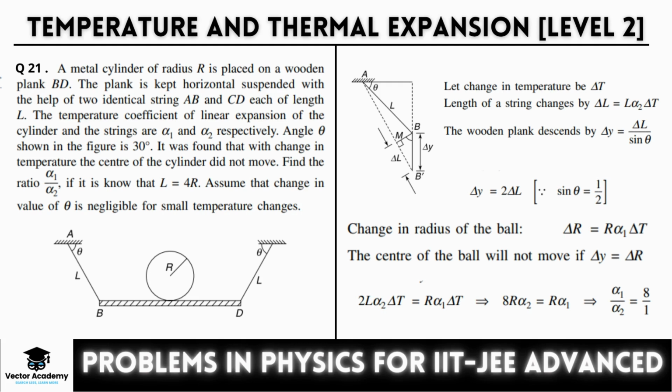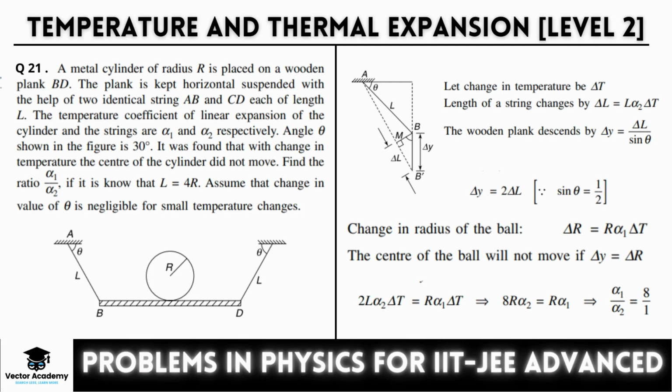Change in radius of the ball, delta R equals R alpha 1 delta T. When temperature rises, the wooden plank descends due to increase in length of string. To keep the center of the cylinder static, the increase in radius of the ball should be equal to the amount by which the wooden plank descends.